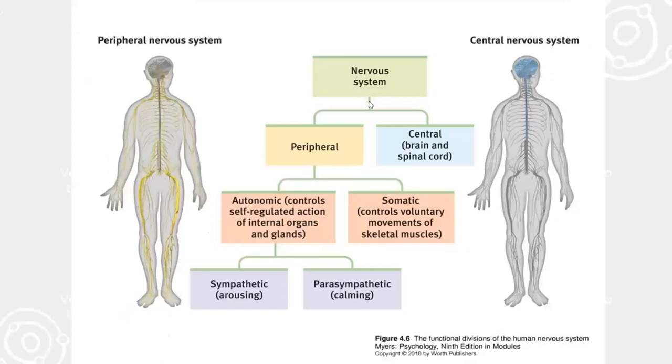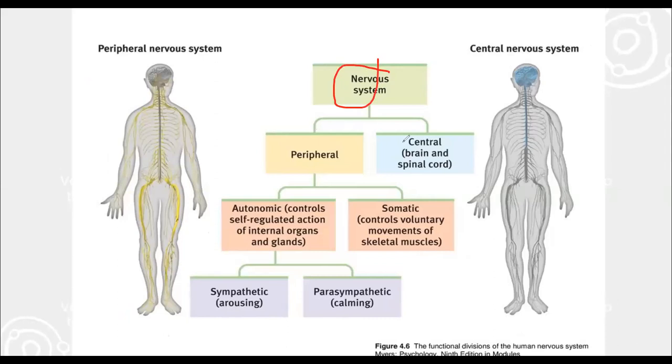Okay, beginning with the broad classification of the nervous system quickly. The nervous system is classified into the CNS and the PNS, the peripheral nervous system. CNS is the brain and spinal cord, which we have finished. Peripheral is further divided into autonomic and somatic.